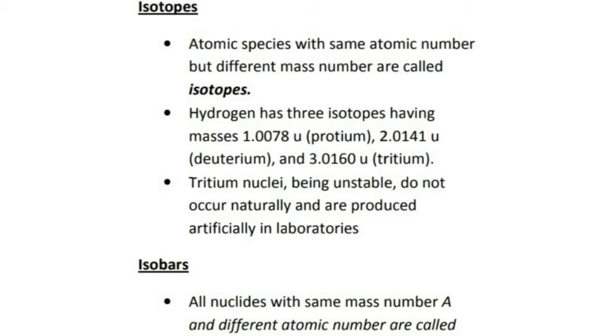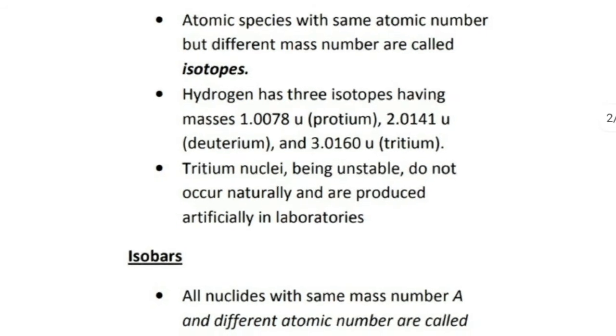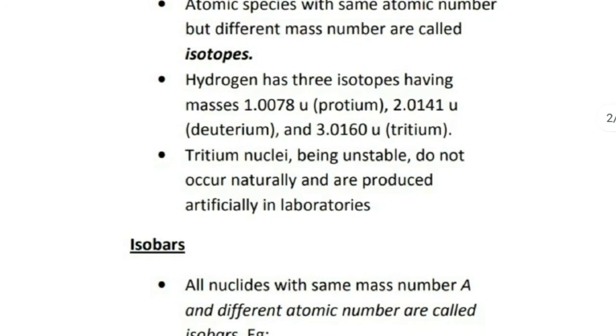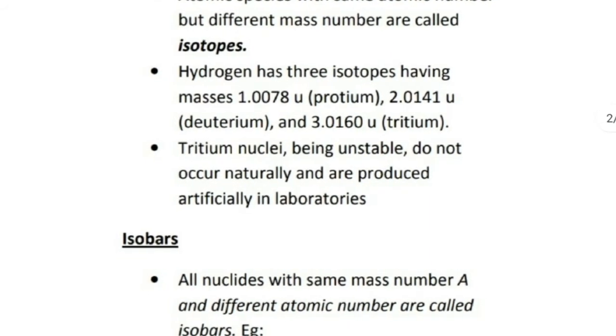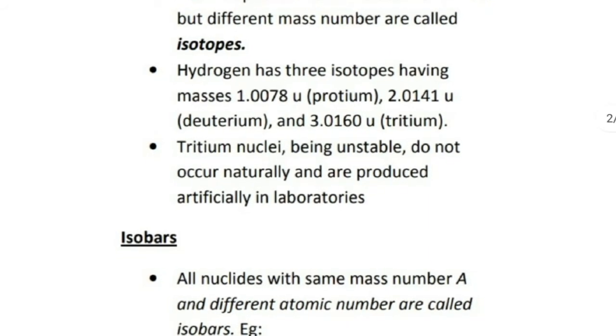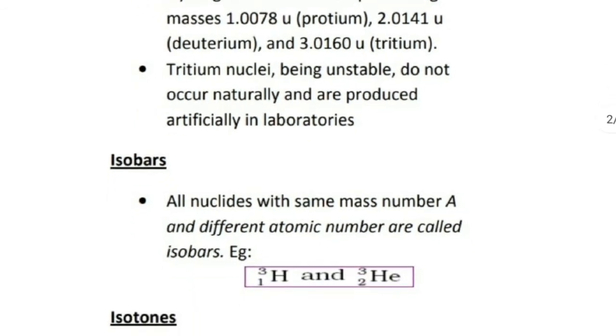So the number of neutrons makes the difference in isotopes. Different isotopes of the same element can exist. Tritium nucleus, being unstable, does not occur naturally and is produced artificially in laboratories. So for each element, there are many isotopes.